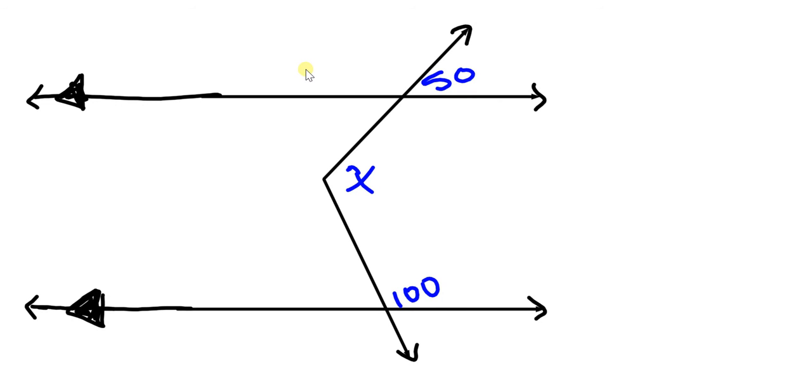Okay, one more example. I want you to find the value of x. One thing that you're allowed to do is construct a line that is parallel to any other line that you already have. So I know that there exists some line through here that is parallel to those other two.